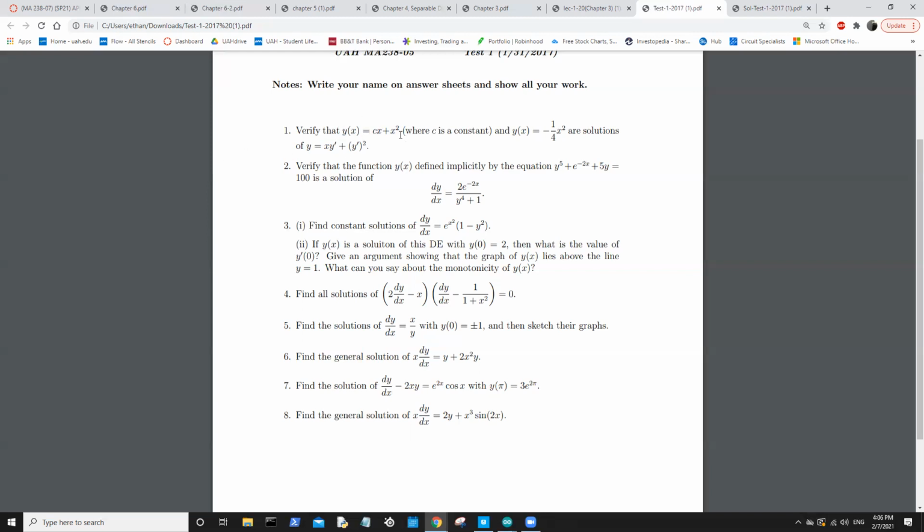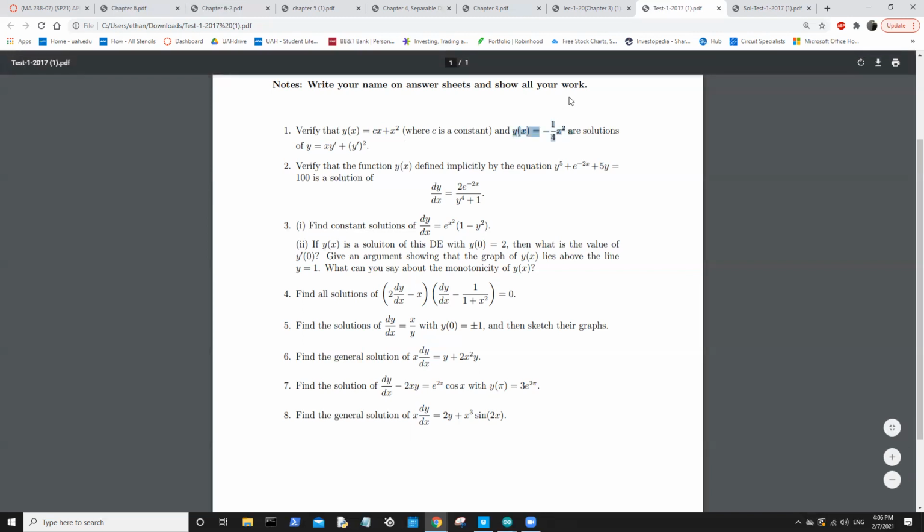Starting off with -1/4 x squared, we just take the derivative of that. So y prime is equal to -1/2 x. To confirm it's a solution, we plug that into the original diffie wherever y prime appears.